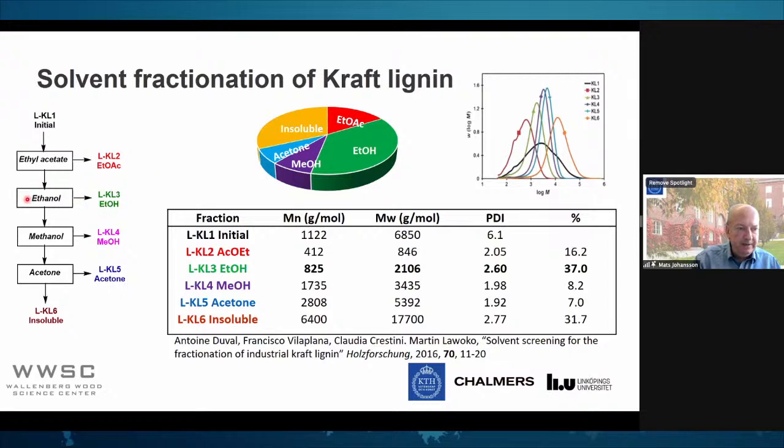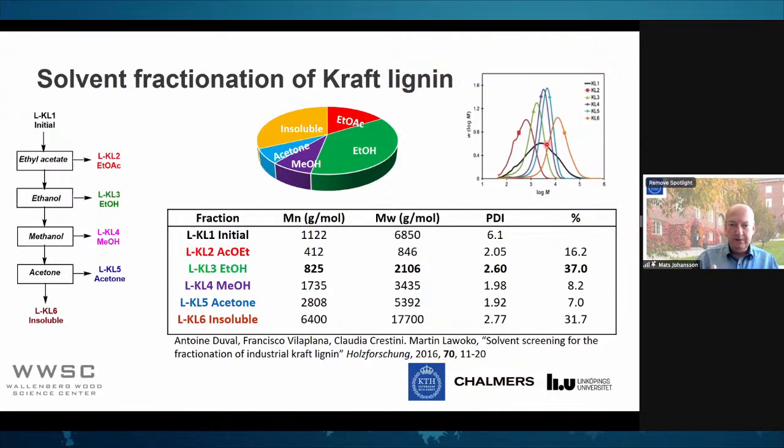Then you take the remainder and solubilize what you can in ethanol, and so on and so forth. So we get this series of different lignin fractions. And what says insoluble here is insoluble in these solvents, but it's soluble in DMSO, for example, so we can measure the molecular weight of the starting material also.